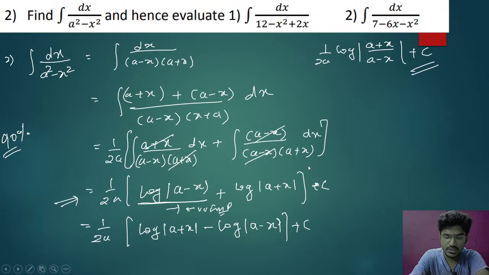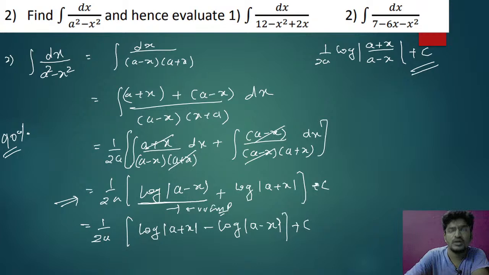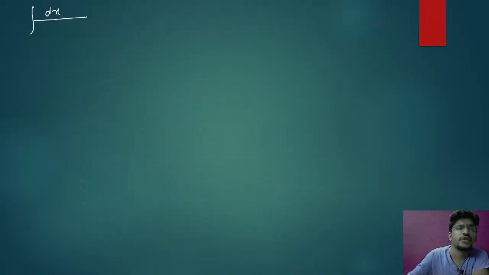That is integration of dx divided by 12 minus x square plus 2x.